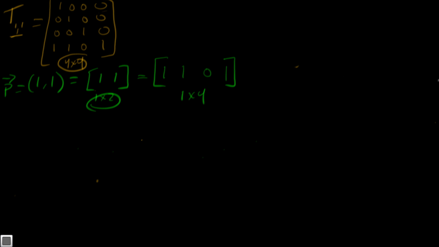So now what we need to do is multiply P times T, 1, comma 1. That's going to equal, and I'm going to use white for the resulting one.